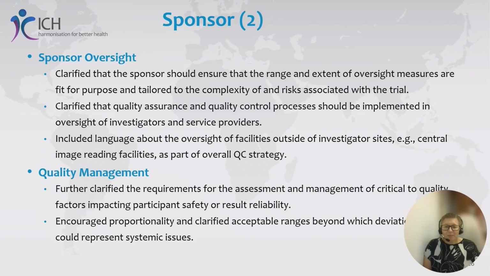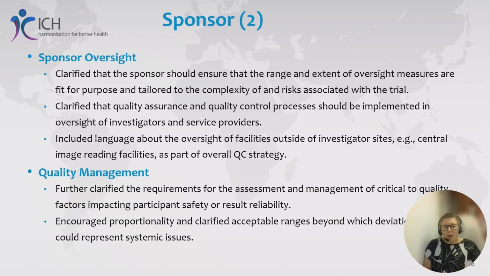Sponsor oversight. So we talk here about the extent of the oversight measures needing to be fit for purpose and tailored to the complexity of the trial and the associated risks to those critical to quality factors. So do what makes sense so that you can ensure your participants are safe and the trial results are reliable.